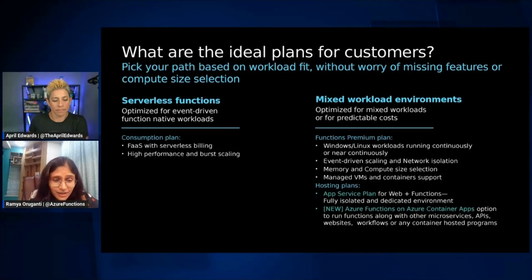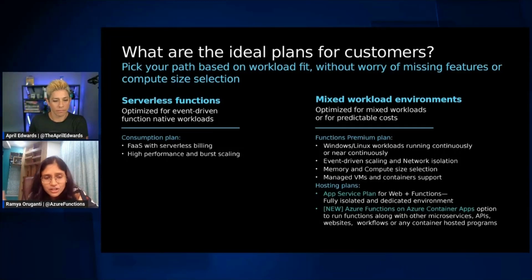Or if you need to co-locate your web apps and function apps, then you could consider this. And Azure Functions on Azure Container Apps is suitable if you want to run functions with other microservices. And if you have this container apps environment and you want to bring in event-driven capabilities using containers, then you could consider this option.